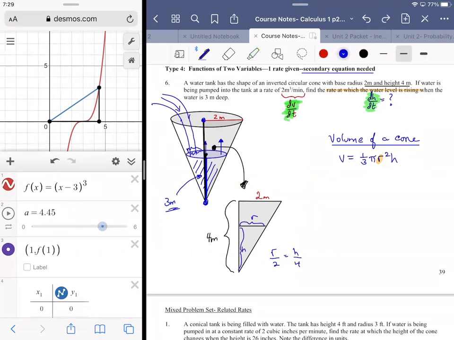But what we're able to do here now is solve for R. So R is equal to 2h over 4, which in turn becomes h over 2, or 1/2 h. So now I can replace the R with a 1/2 h.